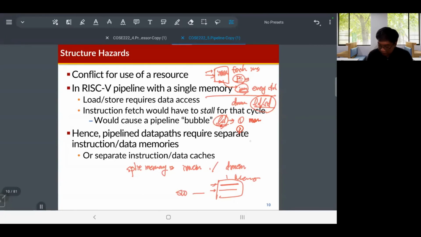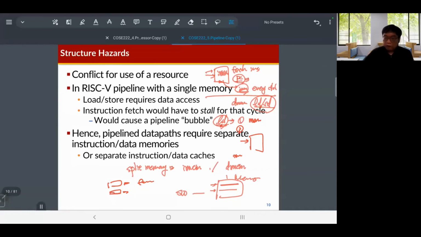That means we need to access memory twice for a load or store instruction. So if the memory is not divided, we need to consume 2 cycles for load or store instructions, because the memory is accessed every cycle for fetching instructions, and then an additional memory access is required for load and store instructions.